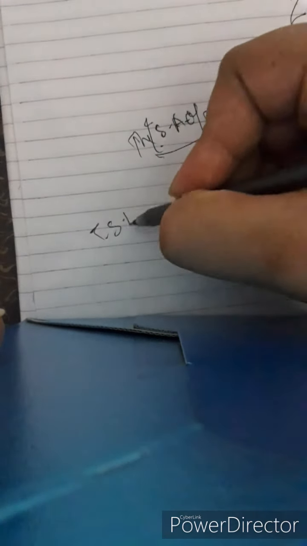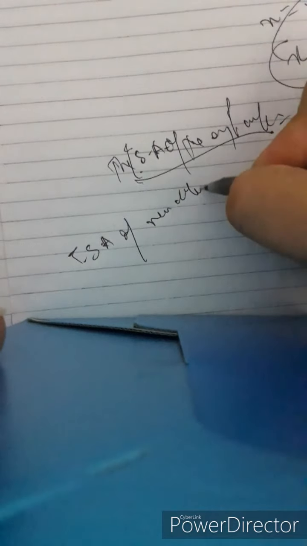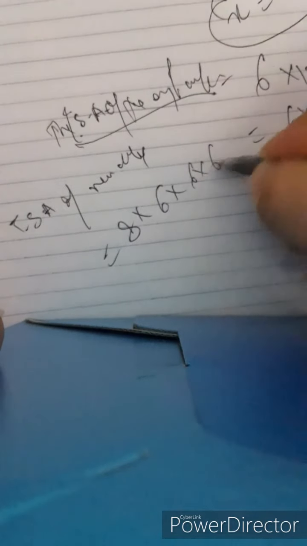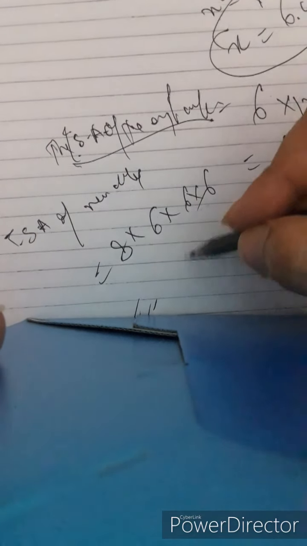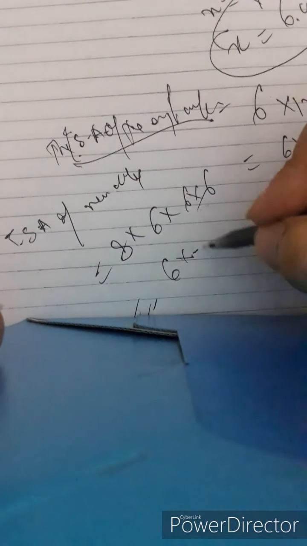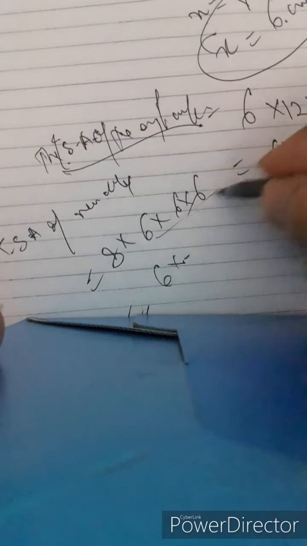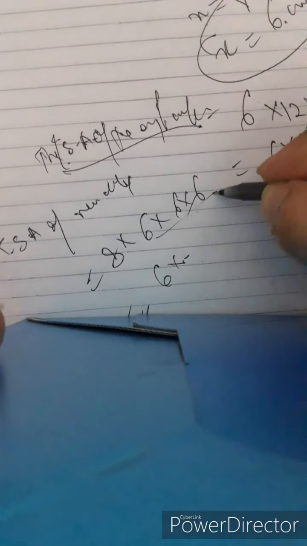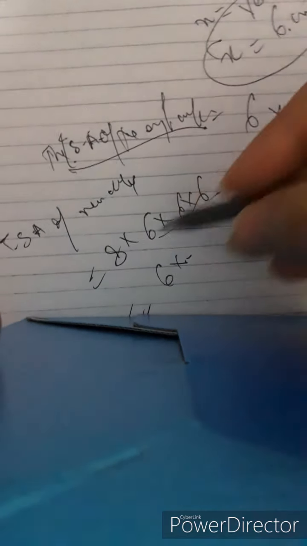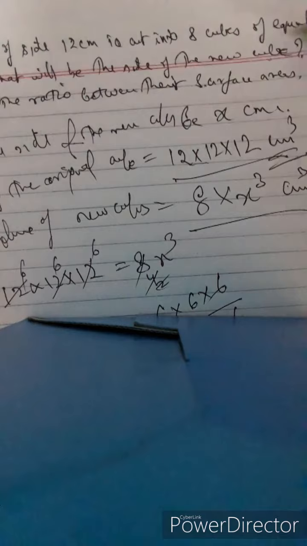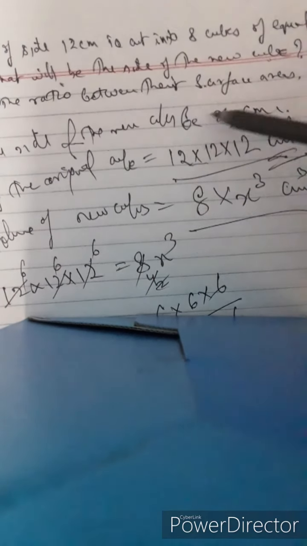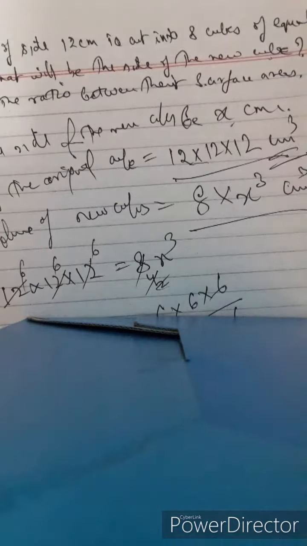That is the total surface area of the original cube. Now total surface area of new cubes, 8 new cubes, equals 8 into 6 into the side is 6 centimeters. I'm sorry, not 8 times, because we have to find the ratio between their surface areas, that is the surface area of the original cube divided by the surface area of one new cube, not 8 here.